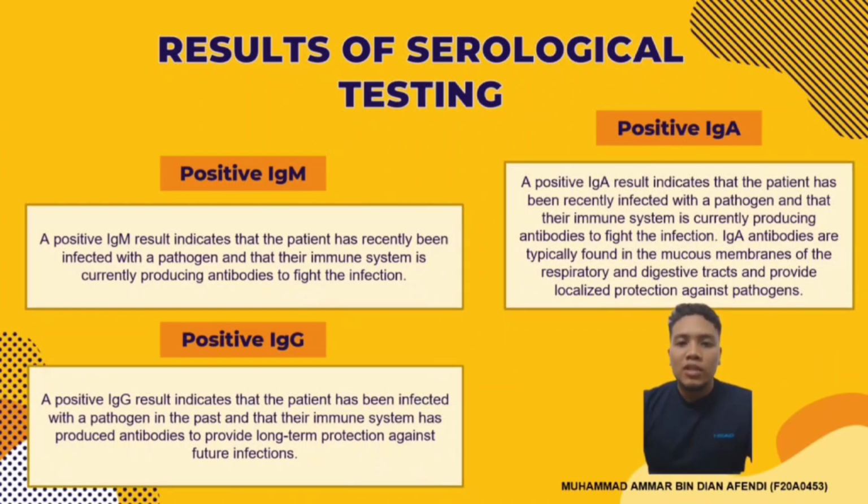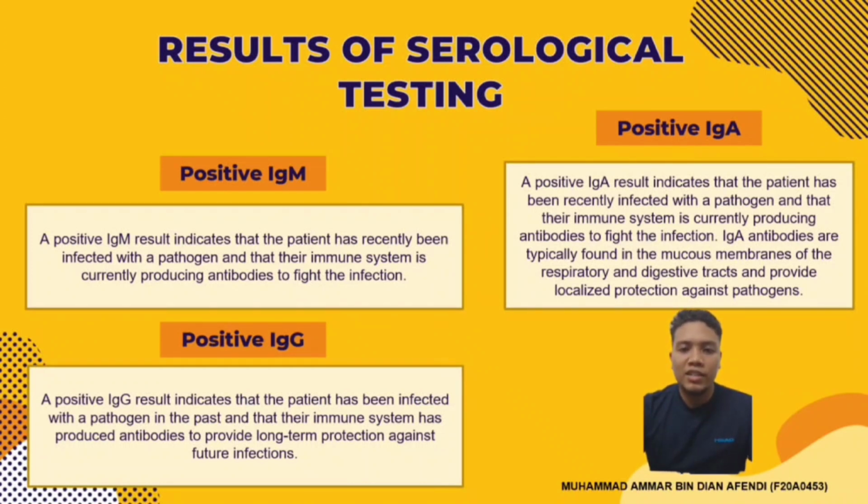First is positive IgM. A positive IgM result indicates that the patient has been infected with a pathogen and that their immune system is currently producing antibodies to fight the infection. IgM antibodies typically appear in the blood within 1 or 2 weeks after the infection and may persist for several months.